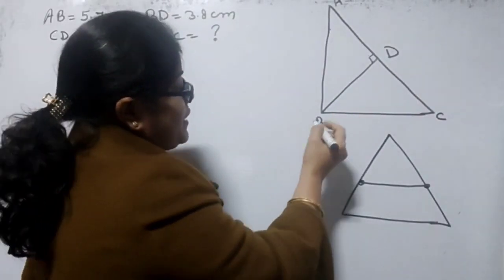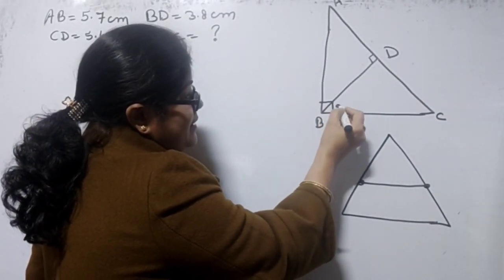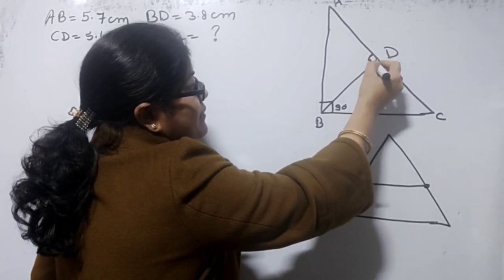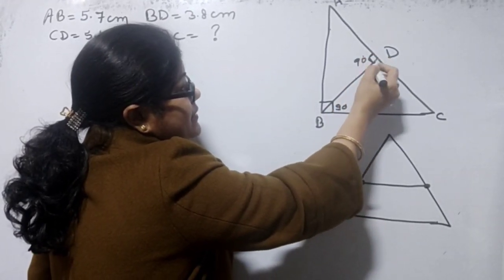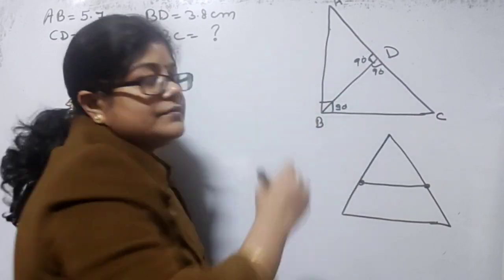So you can see over here, this is 90 degree and here also we have 90 degree. If this is 90, then this is also 90 degree.